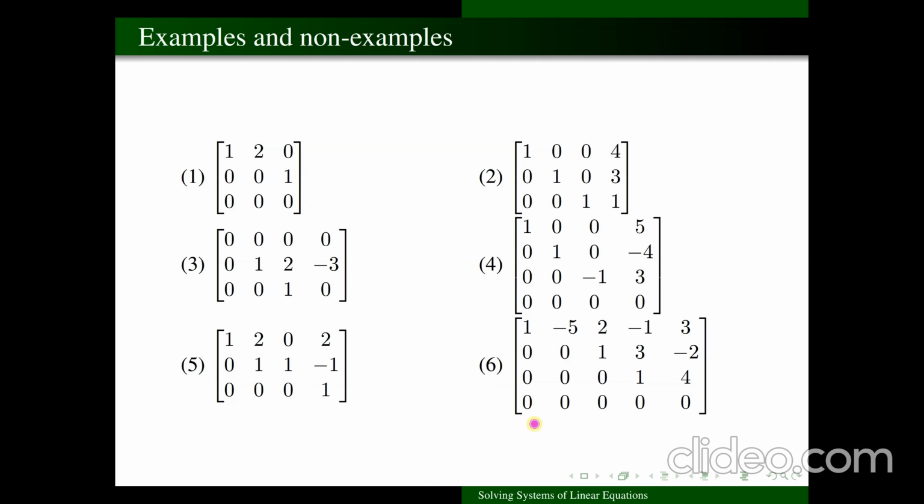And in fact, matrix 6 is also an example of a matrix in row echelon form, but not in reduced row echelon form because of these columns, columns 3 and 4.